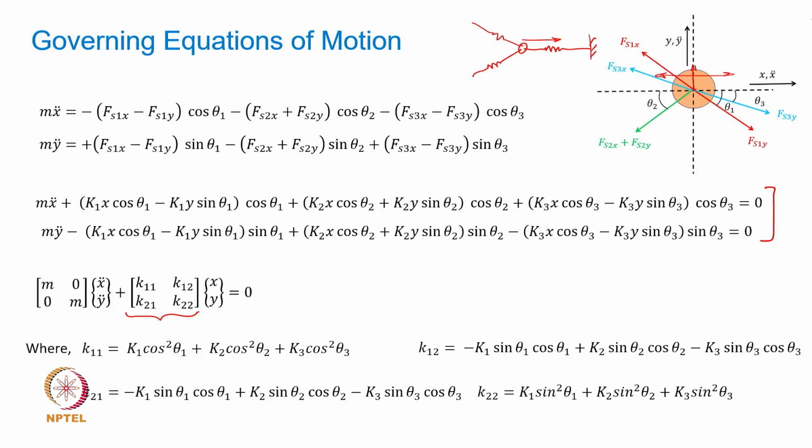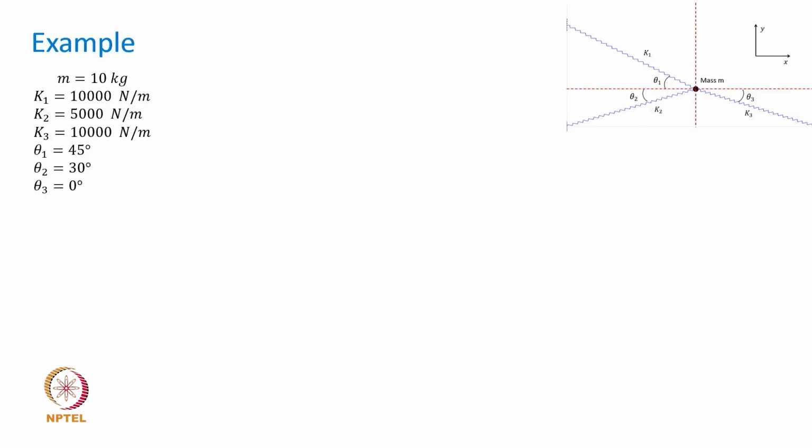But that is not what we want to focus on. We want to now understand the modes and their character, and the motion in the individual modes of this particular mass. So we take a small example.